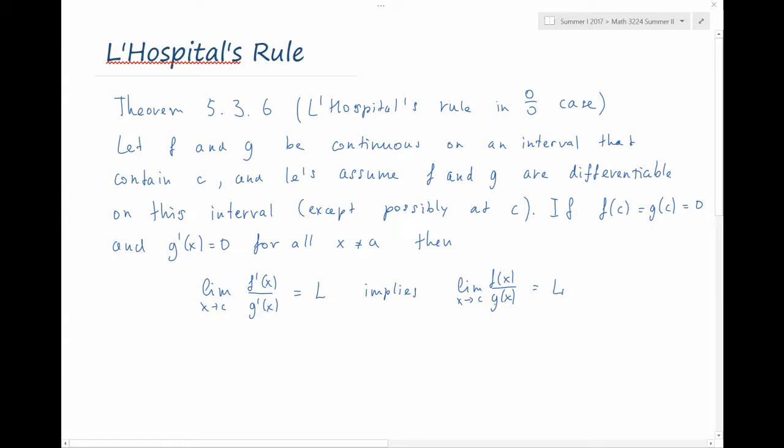It's quite possible for the limit of the derivatives not to exist while the limit of the ratio of the original functions exists and is quite finite.